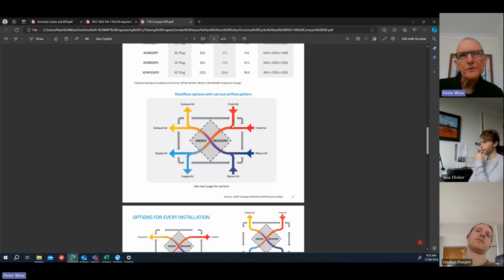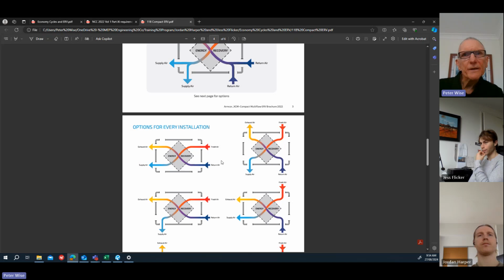So if the outside air, which is shown red, is hot, and the return air is at room temperature, the heat exchange occurs there, and the supply air is pre-cooled and delivered to the space, and the exhaust air, which has obviously picked up the heat from the outside air, is exhausted out. So that's the typical process.